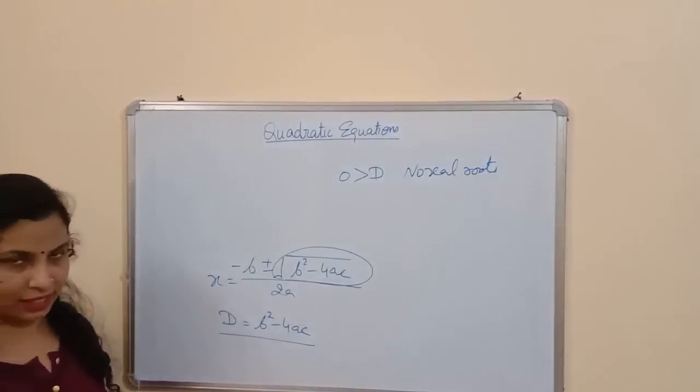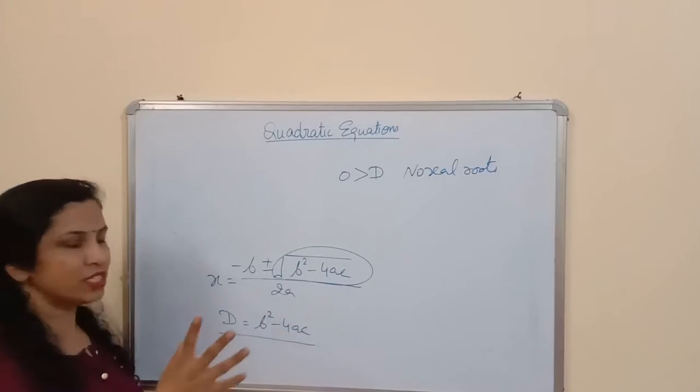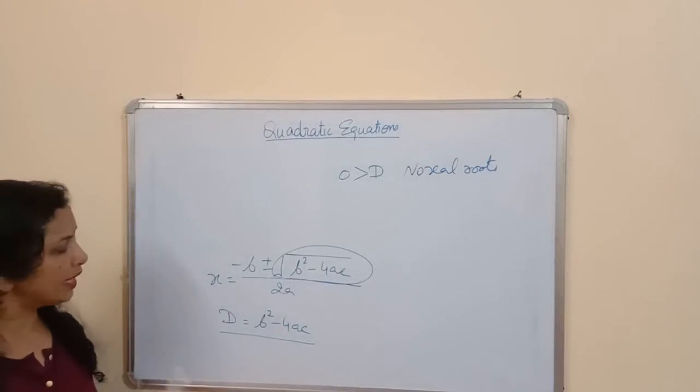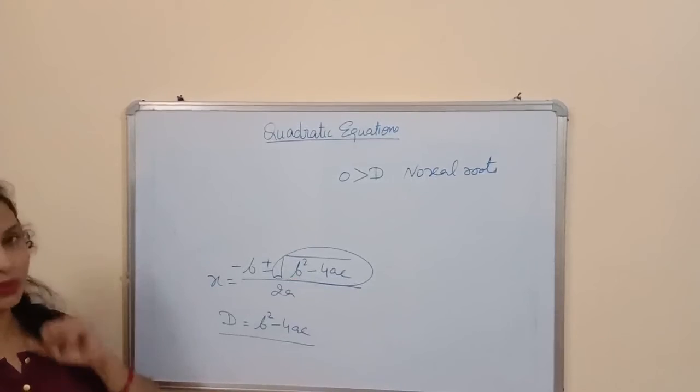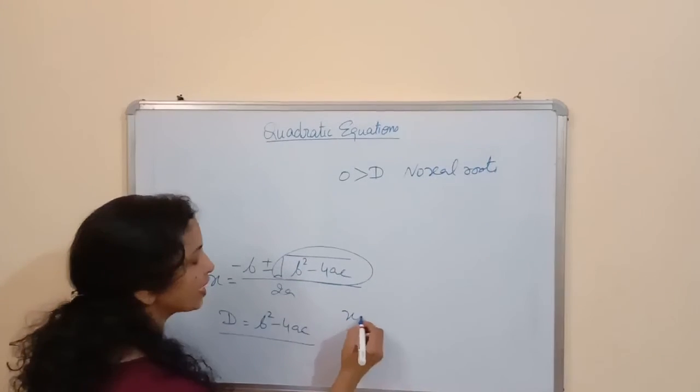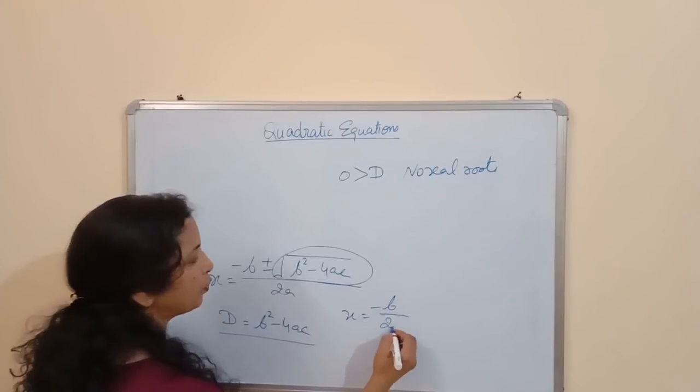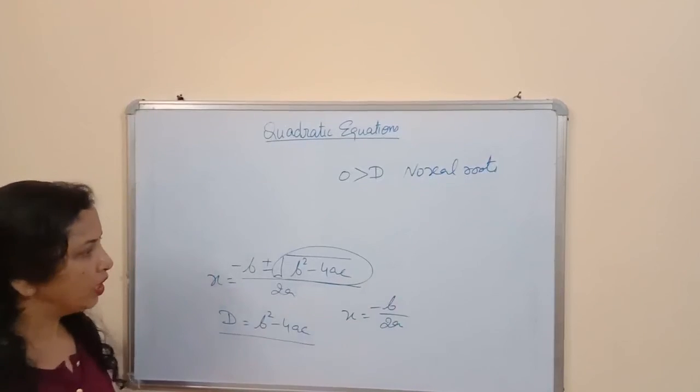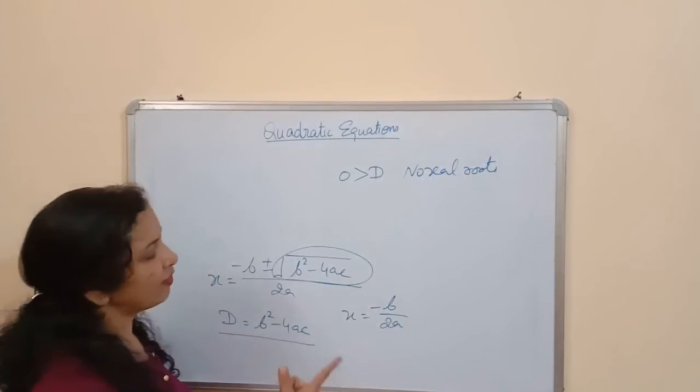In some cases the value of b square minus 4ac can be 0 also. So if you get 0 here, then what should be the value of x? x will be minus b upon 2a, plus minus 0 is nothing. So it means we will get only one value of x.